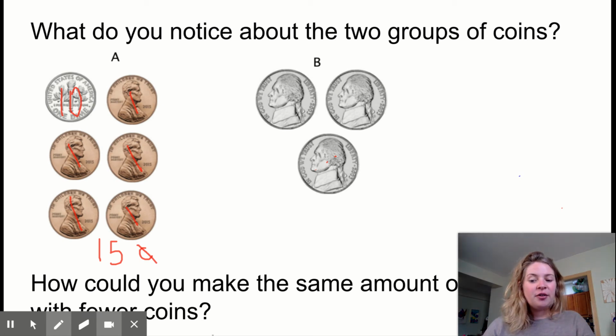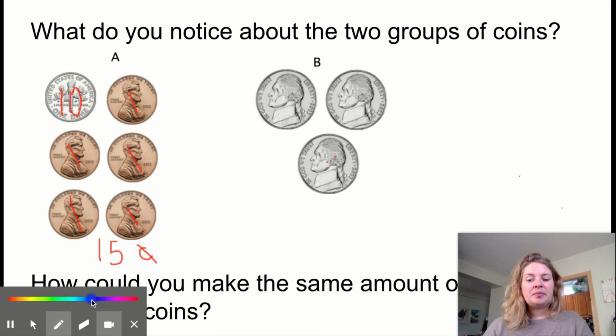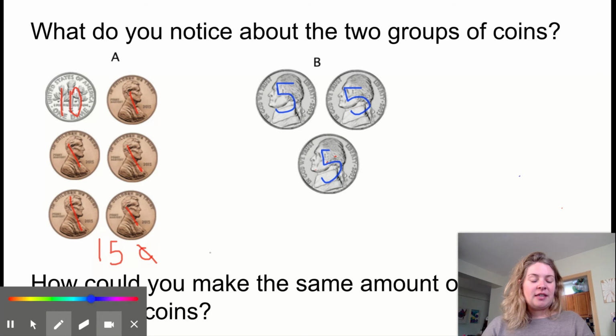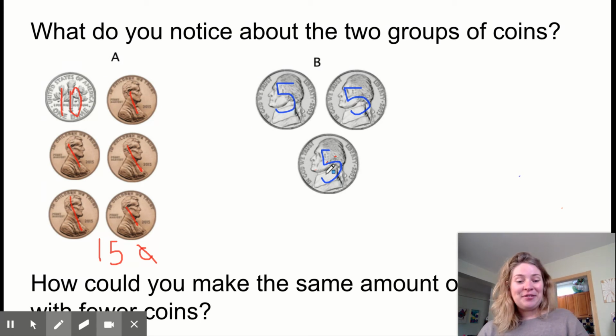Let's take a look at group B. Here, we don't have pennies, we have nickels. Nickels are worth 5 cents. 5, 5, 5. Let's skip count to find out how much we have. 5, 10, 15.